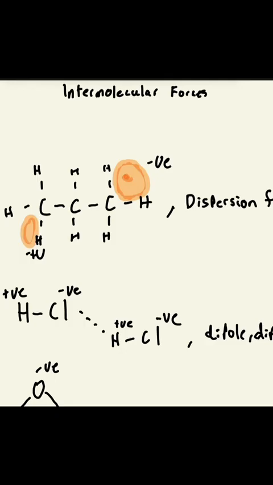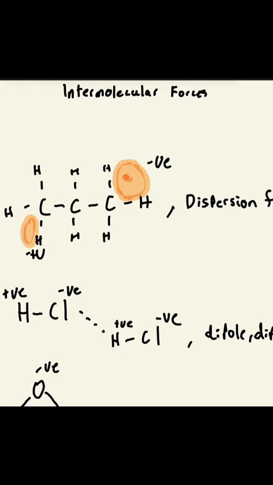Because if we have two of these pentane molecules and they both have a temporary dipole where there's a negative and a positive end, then they can actually attract each other. Negative attracts positive. Okay. Now, these are the weakest because they're only temporary. So they're not permanent dipoles.